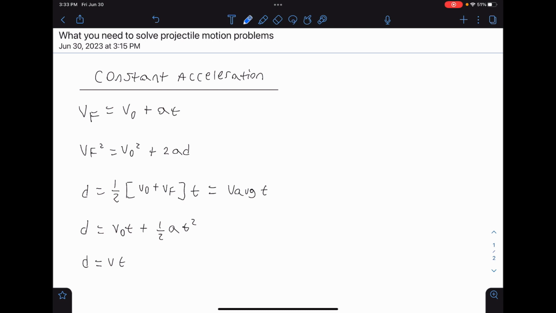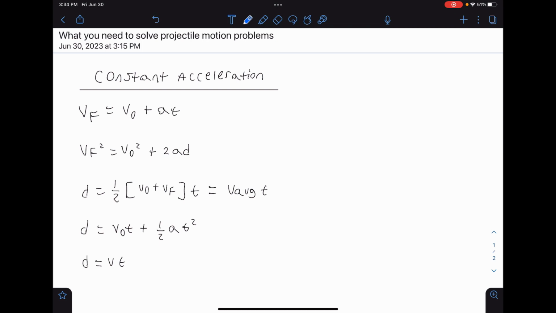So if you're given a problem and it says to find the displacement, you can't use that equation. And what if you're given a problem with displacement? Do you really care about that equation? So this is a good thing to know. You probably want to memorize what they don't have, so then you can just mindlessly know which equation to use. You don't have to use all your energy thinking about it.